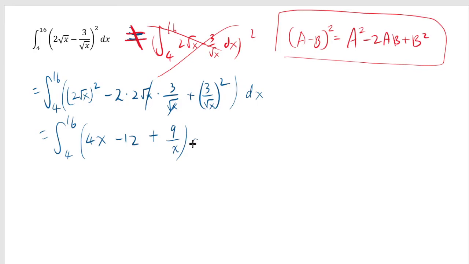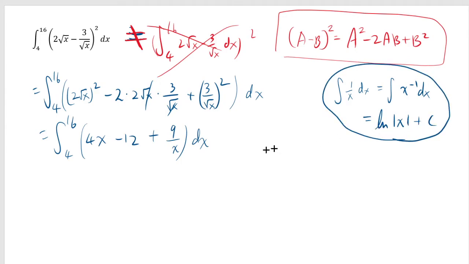Another thing that you have to be careful about is the integral of 1 over x. Despite the fact that you can rewrite this as x to the negative 1, the power rule does not apply here, because if you add 1 and put the reciprocal, you end up with the reciprocal of 0, right? So this actually has ln of absolute value of x as its antiderivative. So it's very important that you use this to integrate that.